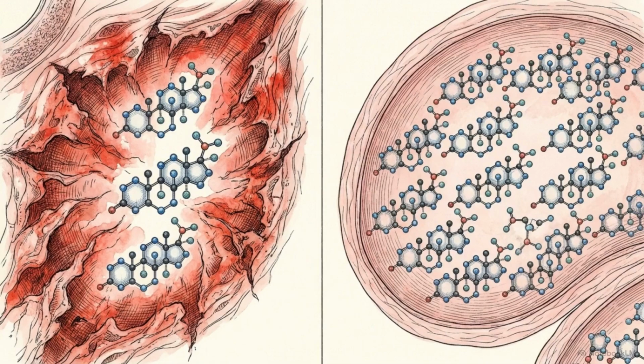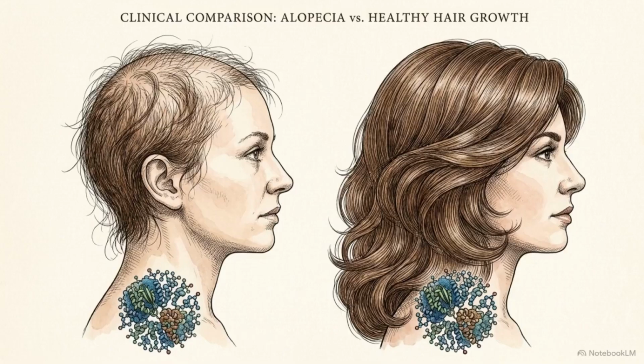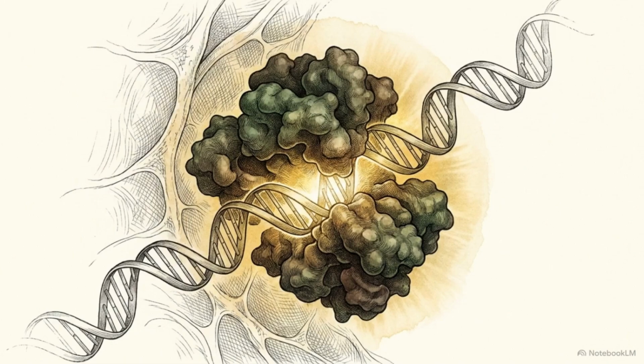Shorter repeats create hypersensitivity, causing aggressive pathology even with minimal DHT present in the tissue. This explains why 2 patients with identical hormone levels and identical lifestyles can present with completely different disease profiles. The androgen receptor's genetic structure serves as the final arbiter. It decides whether a hormonal signal is safely ignored or weaponized against the tissue.